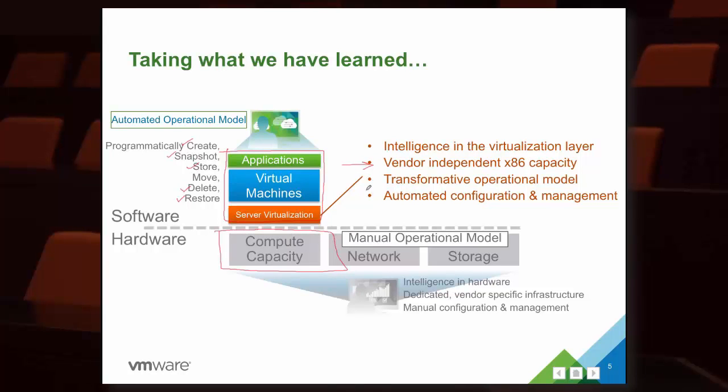All we had to do was ensure that the machines were compatible and that we could move between different types of machinery. And this is the core of ESX and vSphere.